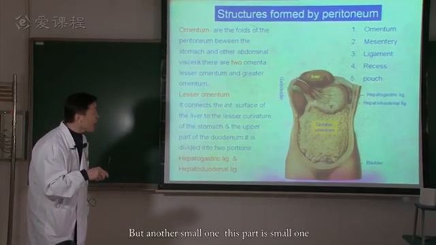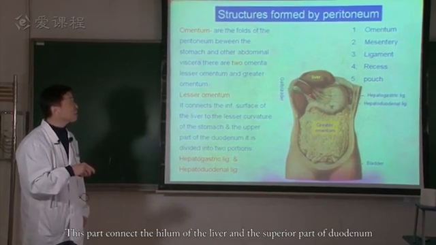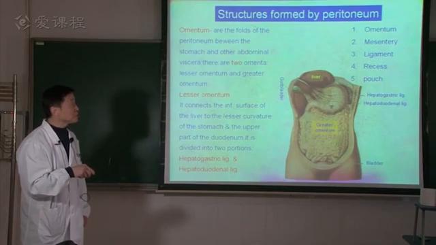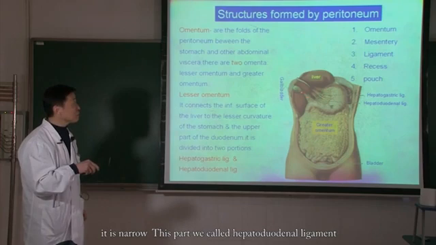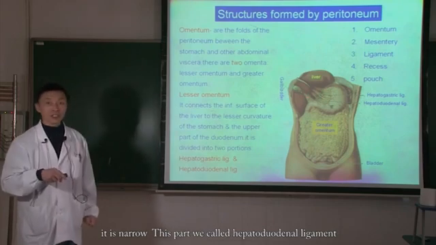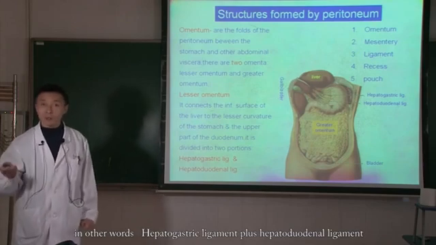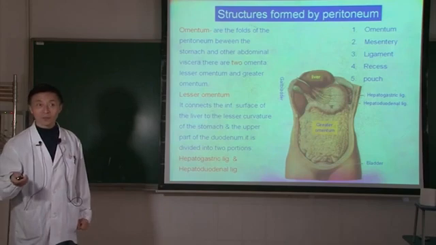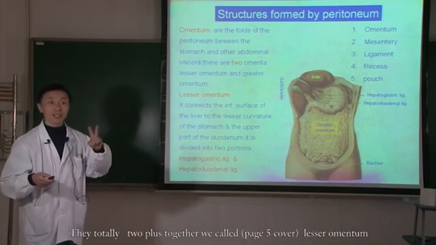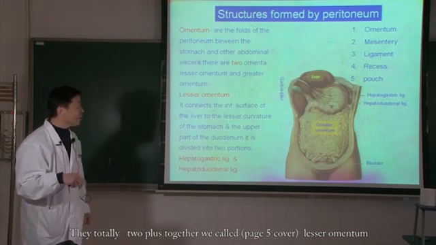But another small one, this part connects the hilum of the liver and the superior part of the duodenum. It's narrow. This part we call the hepatoduodenal ligament. In other words, hepatogastric ligament plus hepatoduodenal ligament, these two together we call the lesser omentum.